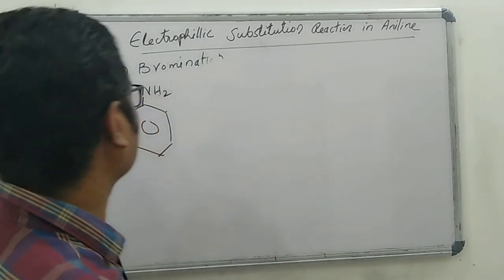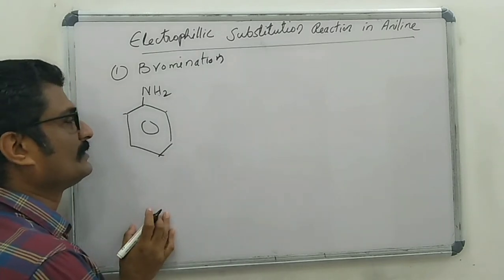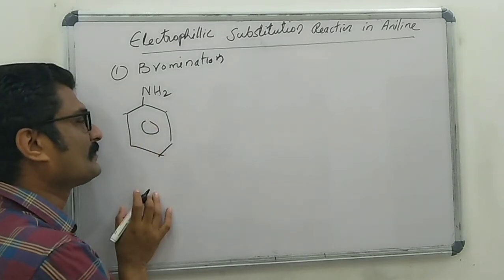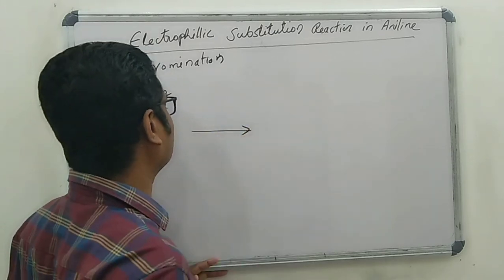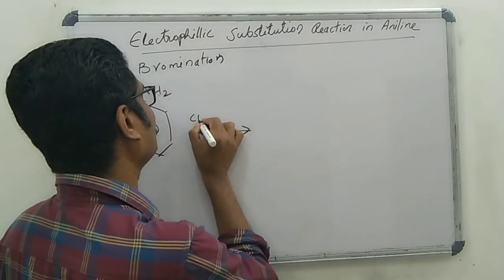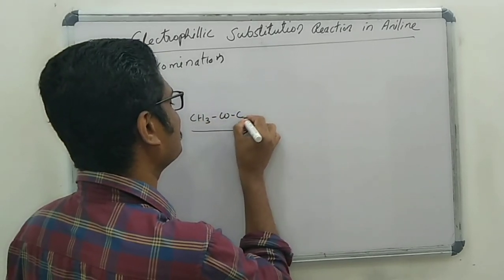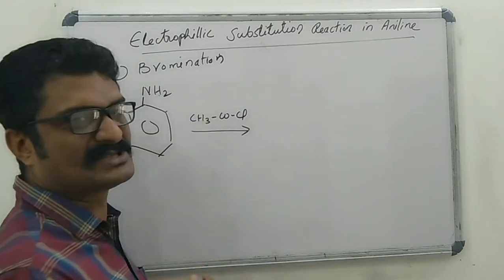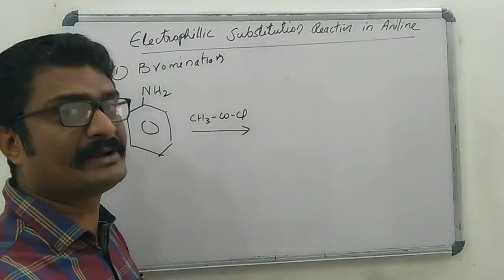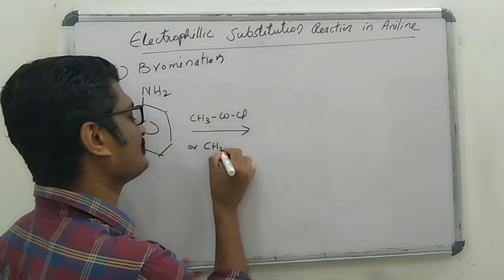Then here we have to treat the aniline with an acid chloride, CH3COCl. We know its IUPAC name is ethanoyl chloride and its common name is acetyl chloride.